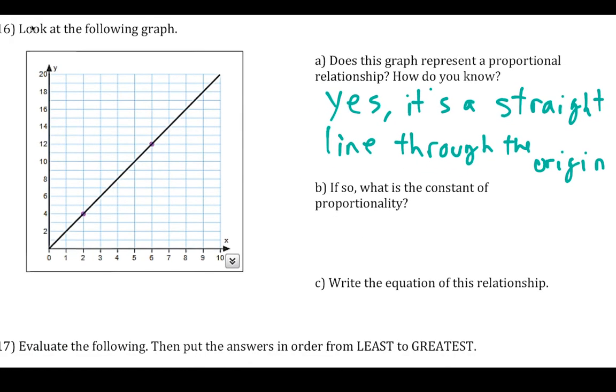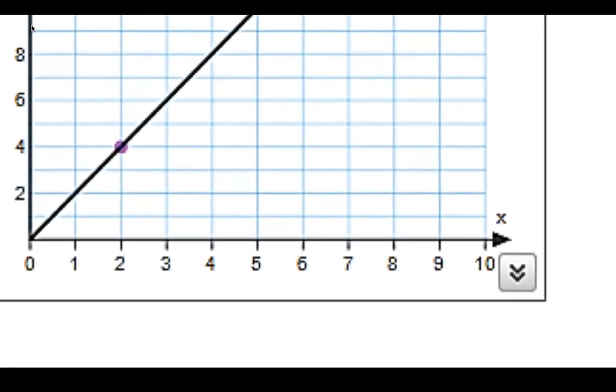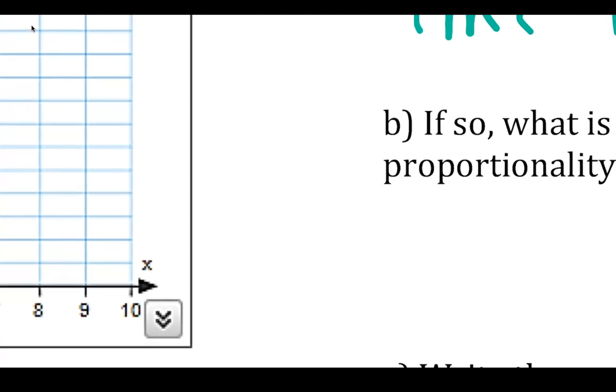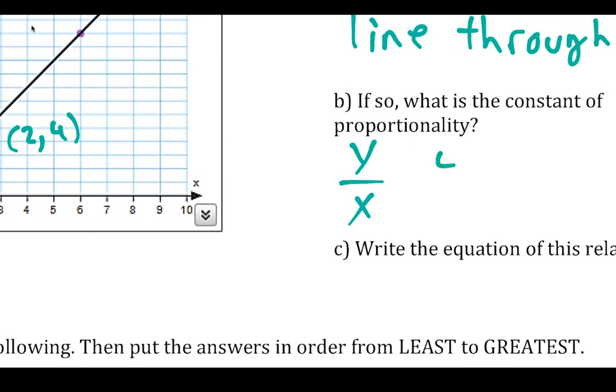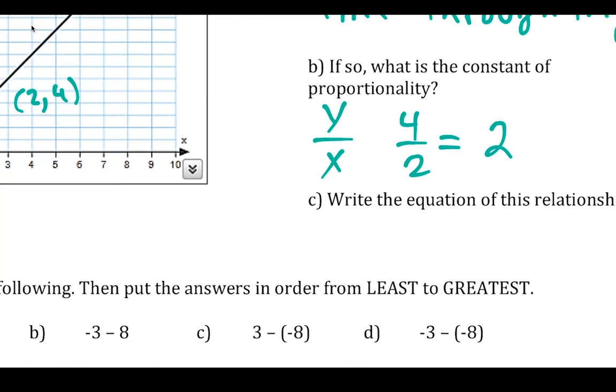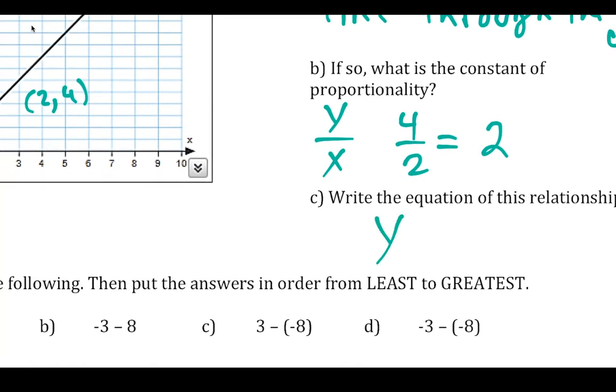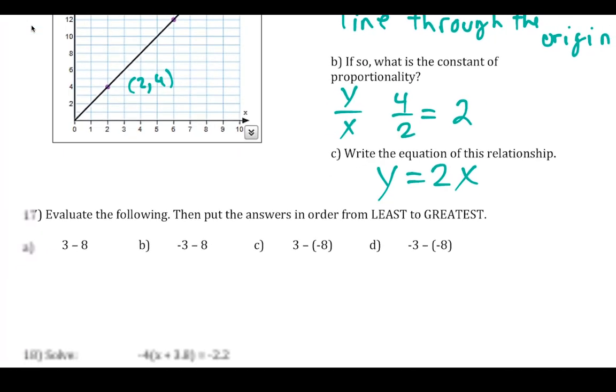If so, what is the constant of proportionality? So here's my point, 2, 4. I'm going to do y divided by x. Y is 4, x is 2. So the constant of proportionality is 2. Right, the equation is just y is equal to 2 times x.